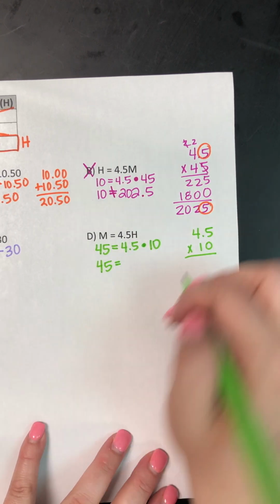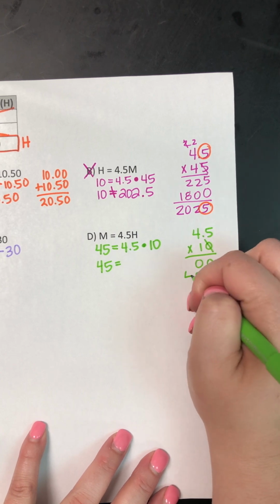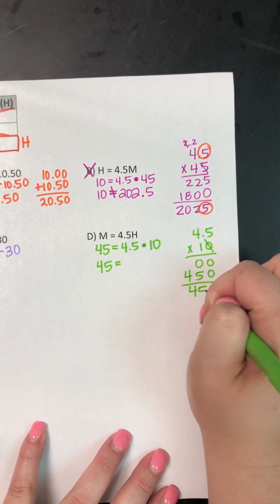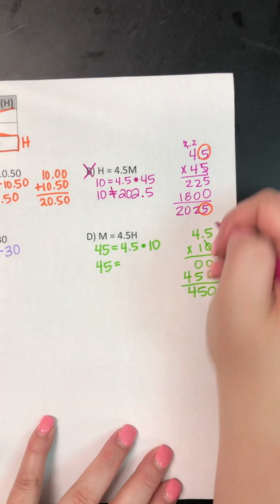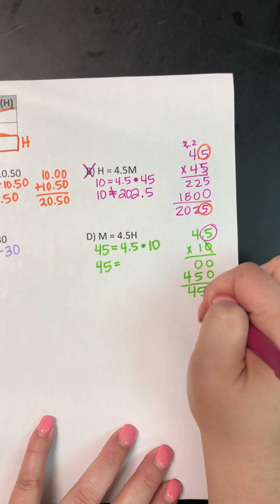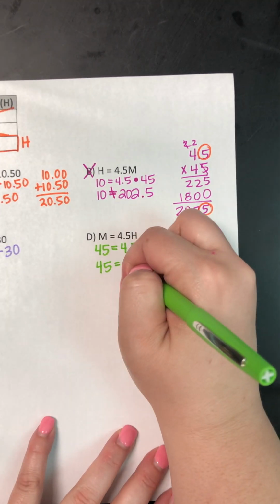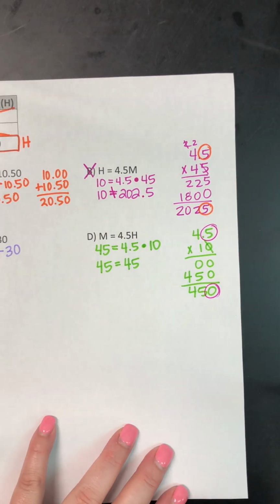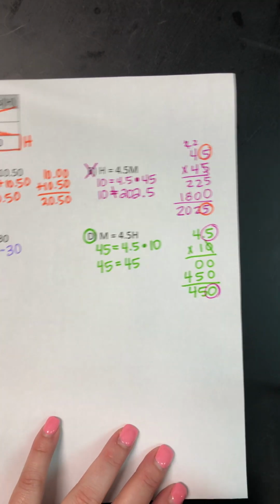Remember, when you multiply decimals, you multiply like normal, and when you're done, you can put your decimal back in your answer. In this case, I had one decimal place, so I'll have one in my answer. So this answer will actually be 45. And 45 does equal 45, so D is the right answer.